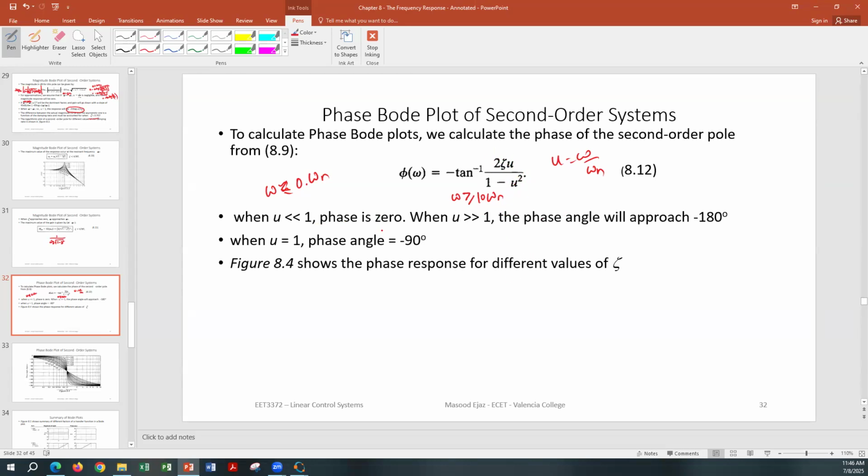When omega becomes quite larger than omega n, we have negative tangent inverse of 2 times zeta omega over omega n, divided by 1 minus omega over omega n square. So when it becomes quite larger than omega n, we will assume this is going to be negative 180 degrees.